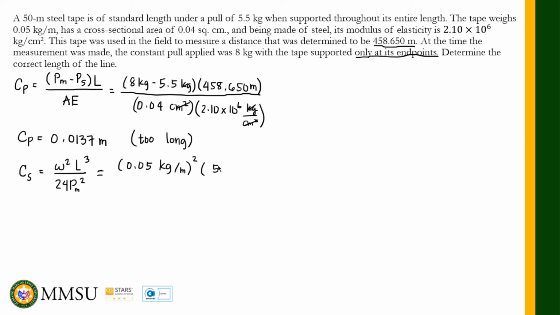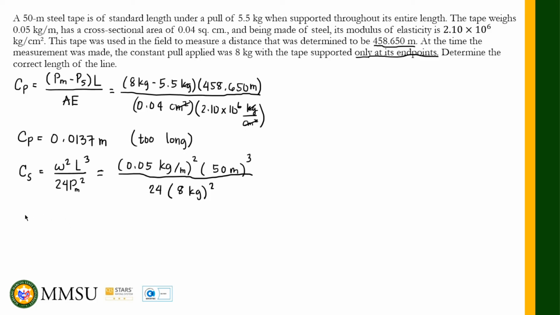So that's 50 meters, and we cube it, divided by 24, and the pull is 8 kilogram, squared. If you look at the units, the answer for CS will be in meters.